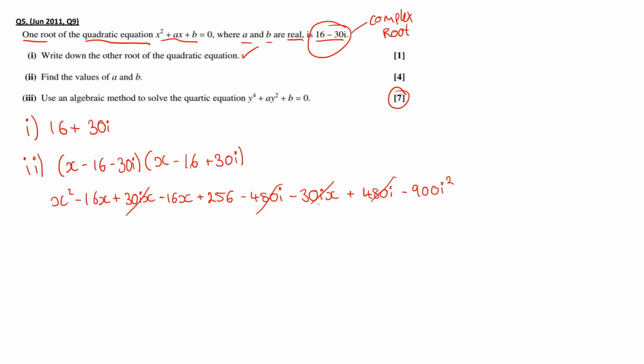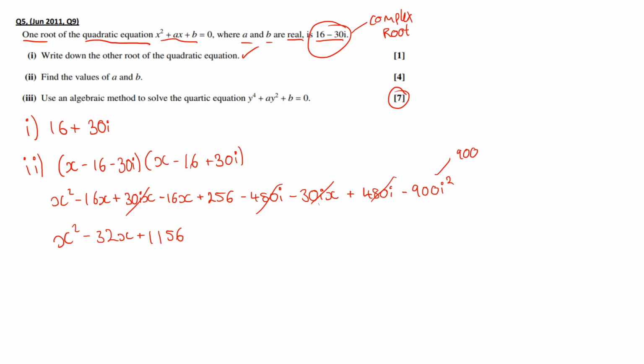So we also know that this is actually going to be a real number, so it's going to get rid of the i, because i squared is minus 1, so this is going to be 900, because minus 900 times minus 1 is 900. So we're going to get x squared, and then we can join these terms up, so minus 32x, and then 256 plus 900, which is positive 1156 on the calculator.